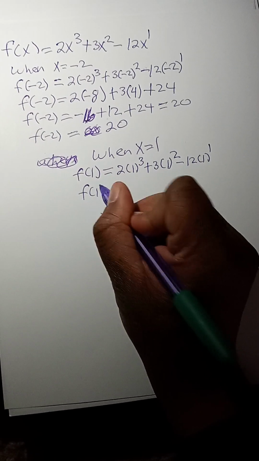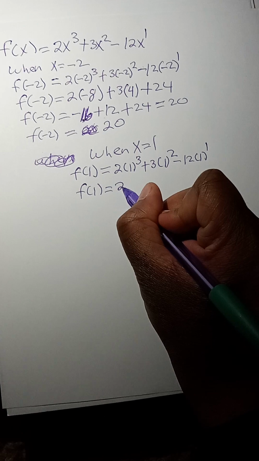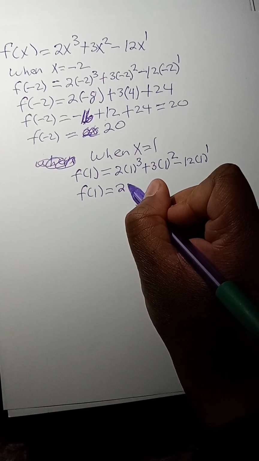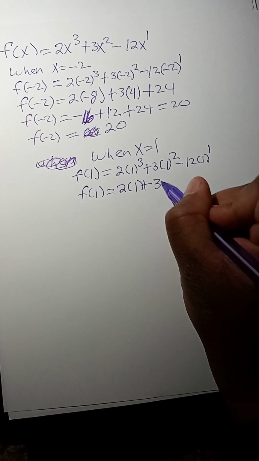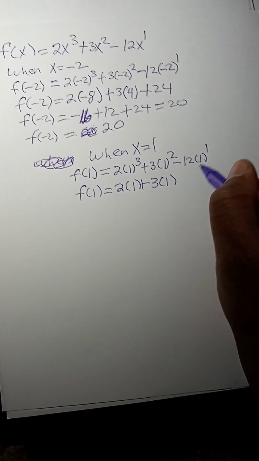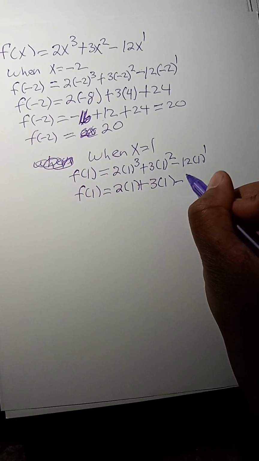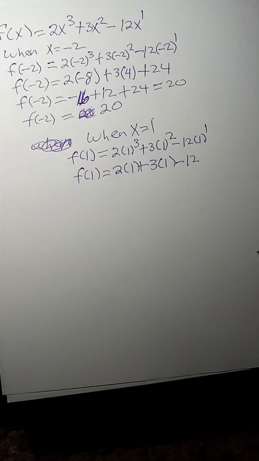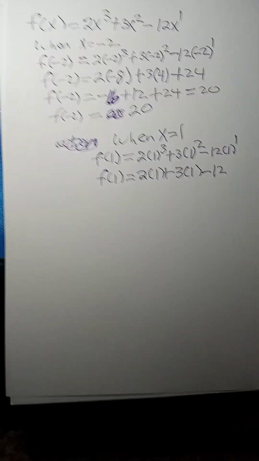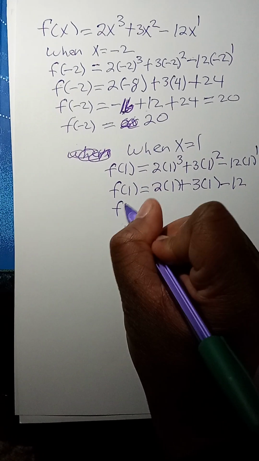So f of 1 is equal to 2 times 1 to the power of 3, which is 1, so 2 times 1 plus 3 times 1 squared, so 3 times 1 minus 12, because 12 times 1 to the power of 1 is essentially 12.